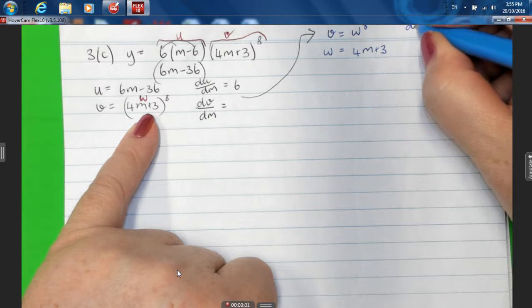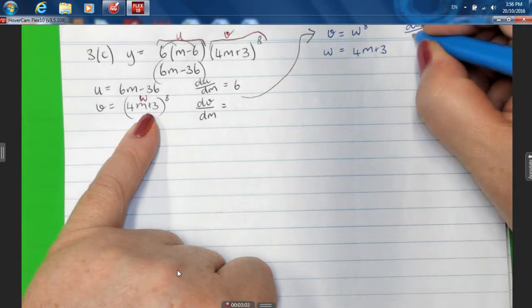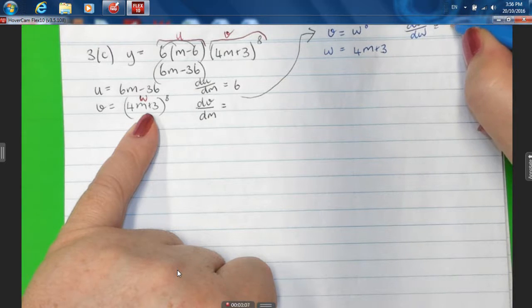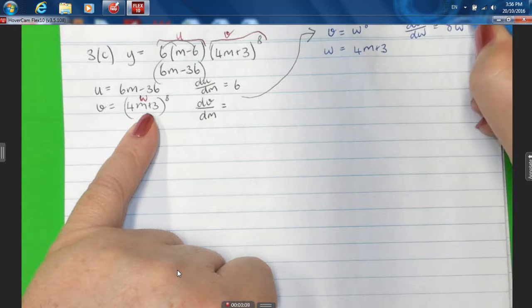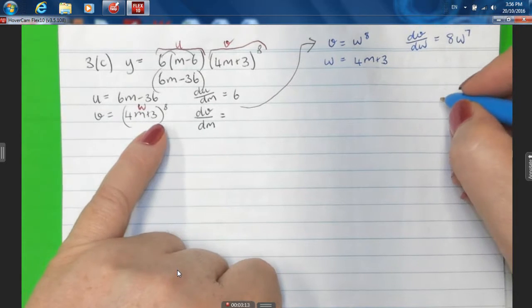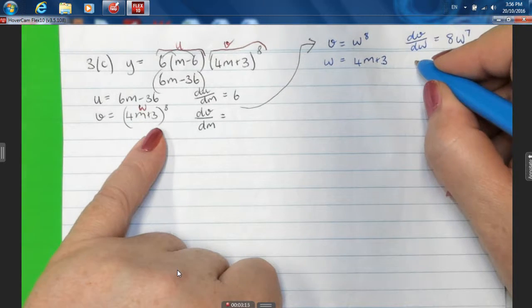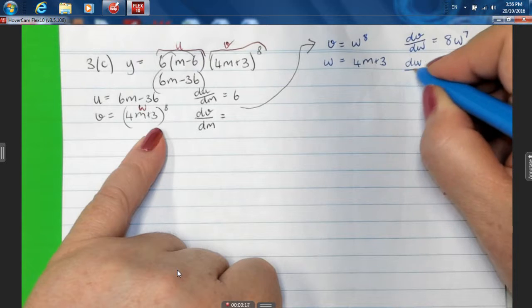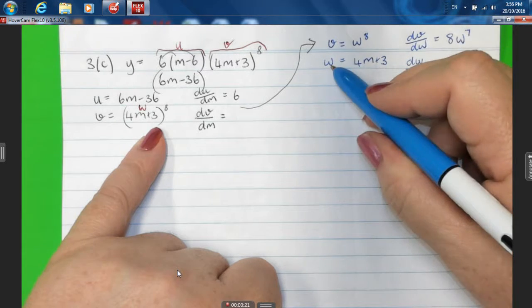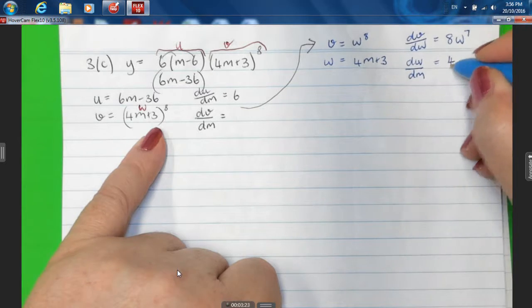So now I've got dv dw, the derivative of v that has w in it, is 8w to the 7. And dw dm, the derivative of w that has m in it, is just 4.